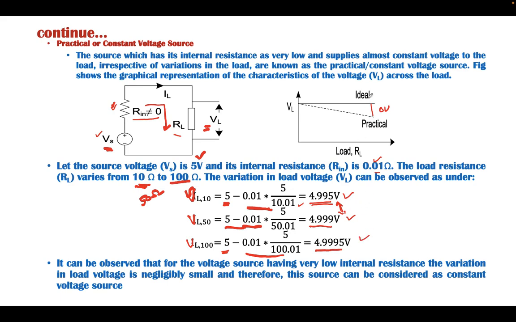Hence we can say the change in voltage from Vs to Vl is very small, even when the load resistance changes from 10 ohm to 100 ohm, which is 10 times. Then we can say this source is not ideal but practically constant, and hence it is known as a practical or constant voltage source.